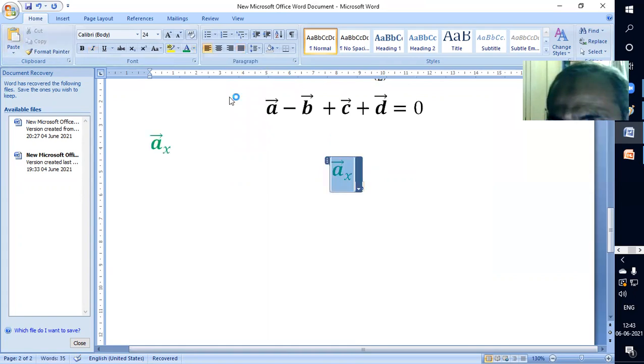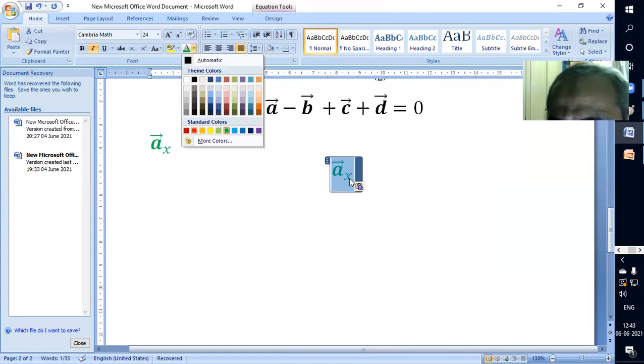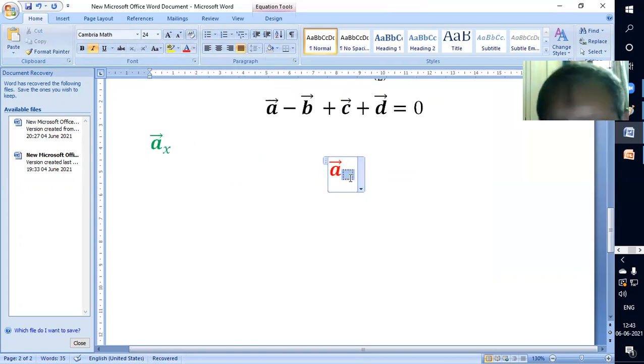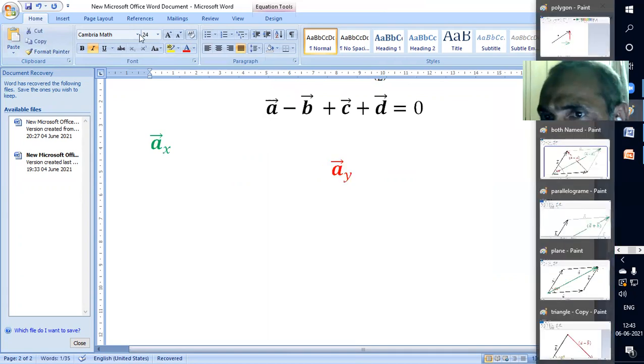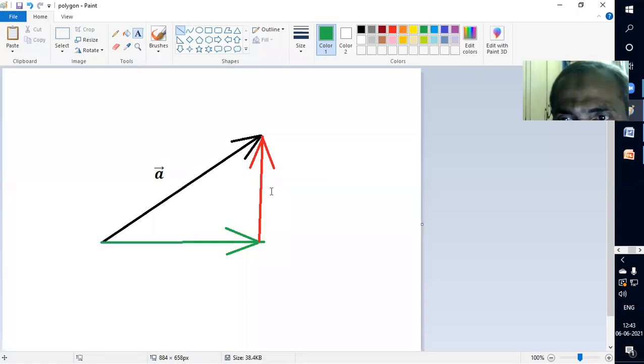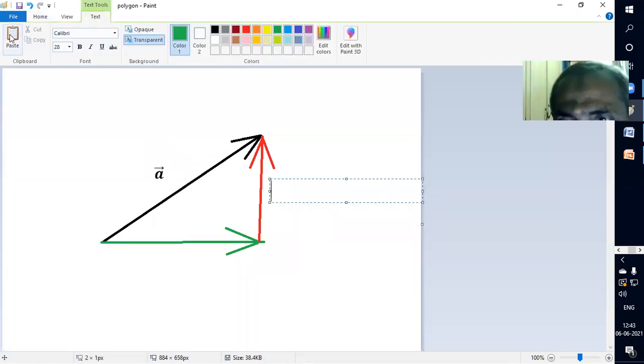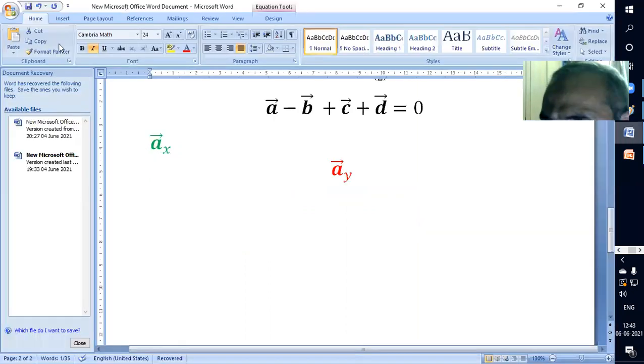This I'll take in red color. And this is not X, it is Y. Okay, let me copy here. This is vector A subscript X, and this is another vector A subscript Y.